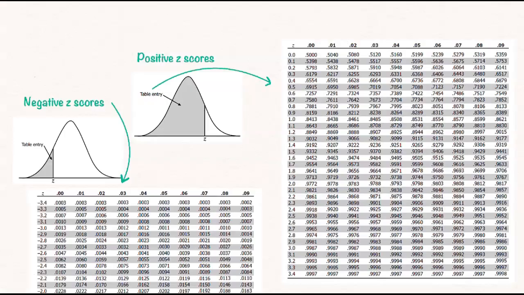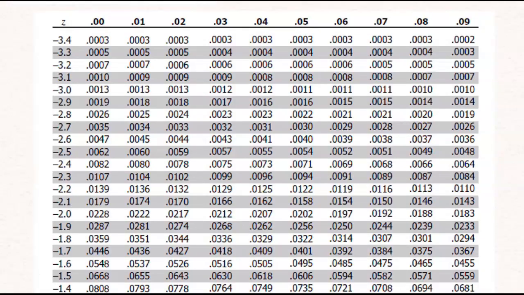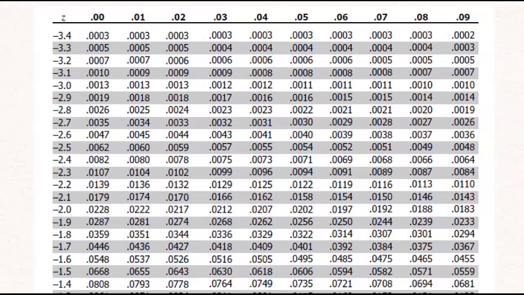Since we are to the left of center, we are looking for a negative z-score, and we need a left area of 0.05. So we need to find the value in the center of the table that's the closest to 0.05. Look at these two areas here. 0.05 is exactly in between these two numbers. These areas correspond to z-scores of -1.64 and -1.65.